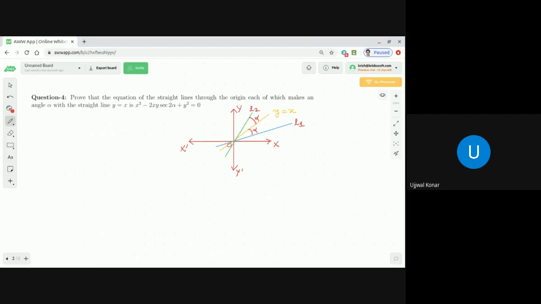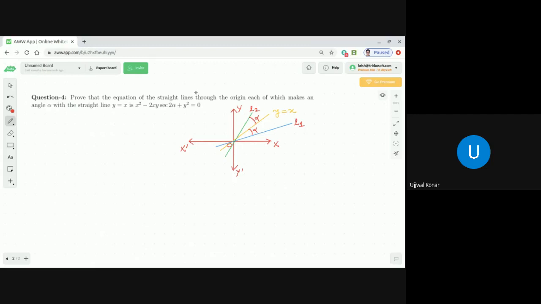That means we need to prove it. It is already given to us that you need to prove that the pair of straight lines represented by L1 and L2 is x square minus 2xy sec 2 alpha plus y square equal to 0. How to do this? Now, one thing, it is pretty simple.